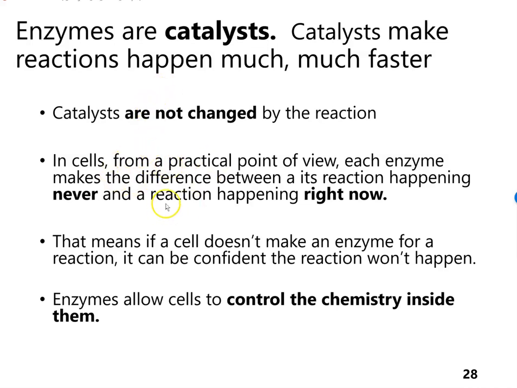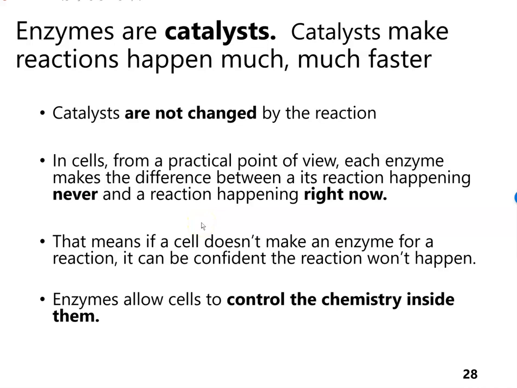And in cells, having an enzyme for a specific reaction makes that reaction happen very quickly, even though normally the reactions that happen in cells would never happen without a catalyst, or it would take them a year to happen instead of a microsecond. So catalysts are the difference really between reactions not happening and a reaction happening right now.